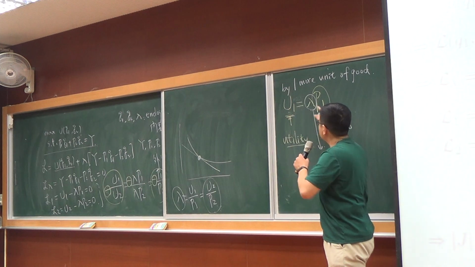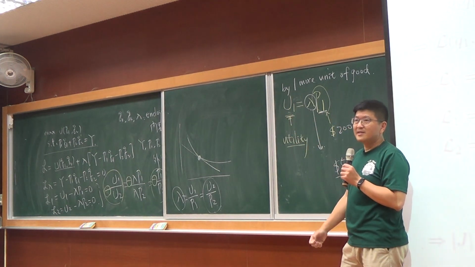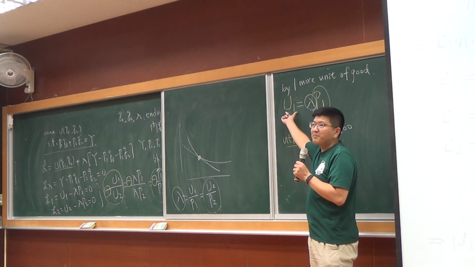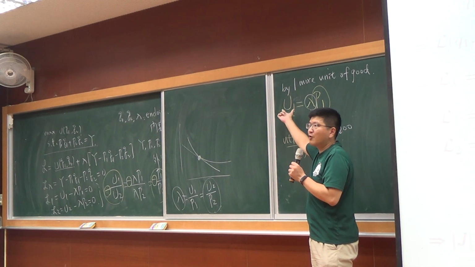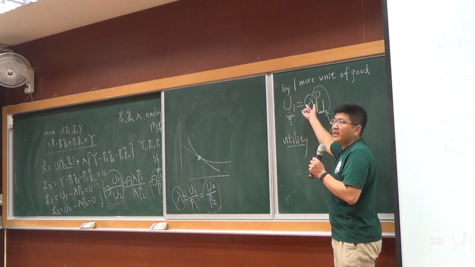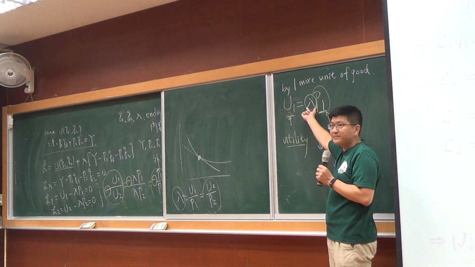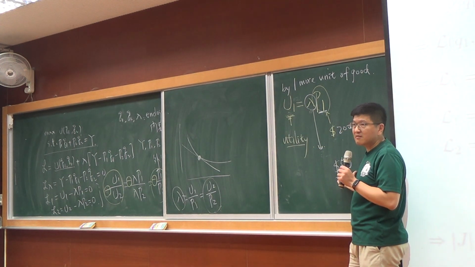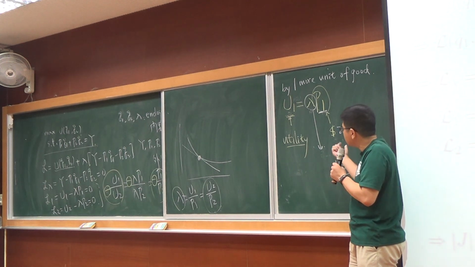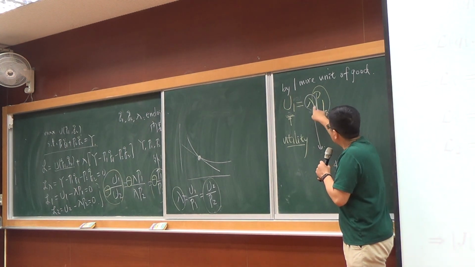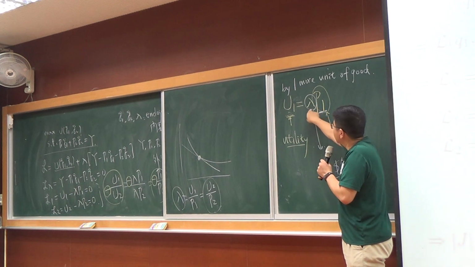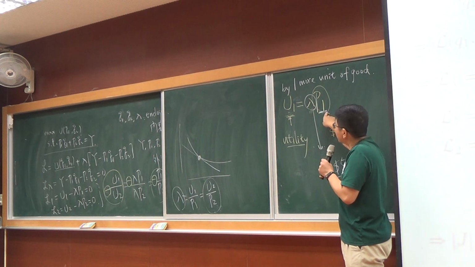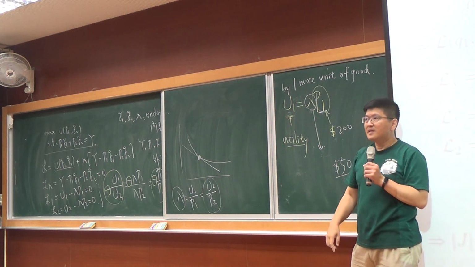So U1 equals 50 times lambda. Is that clear? The marginal utility derived from 1 extra unit of good is given by the marginal utility per extra dollar. So whether the good costs $50 or $200, you just multiply lambda by the price, and you get this. Is that clear?